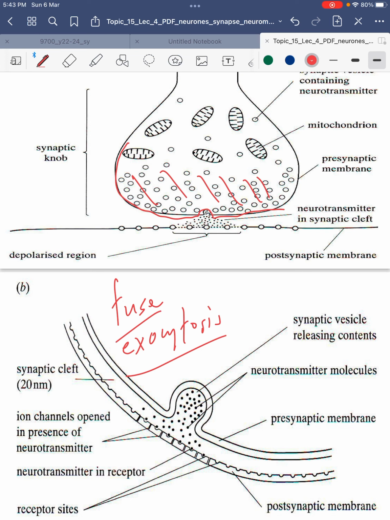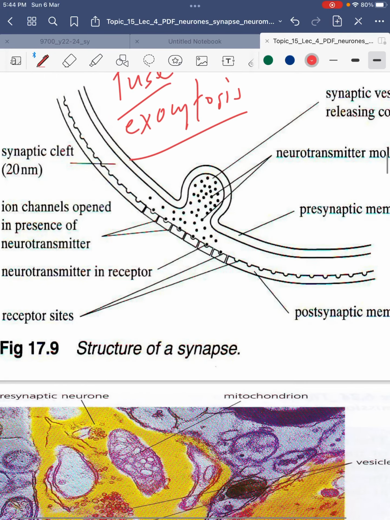So when the vesicle, which contains acetylcholine, fuses with this presynaptic membrane, the acetylcholine is released by exocytosis into the synaptic cleft or synaptic gap. Okay, and then it will bind to its receptor.